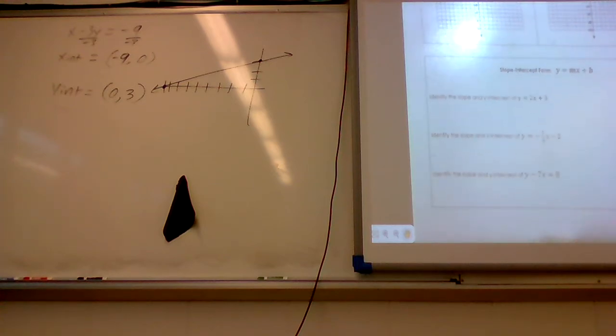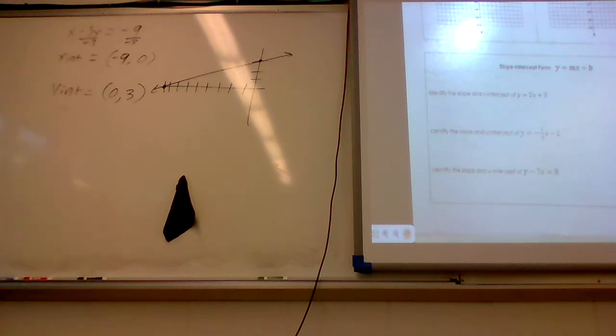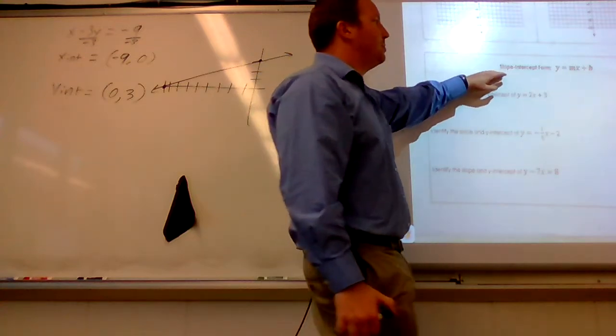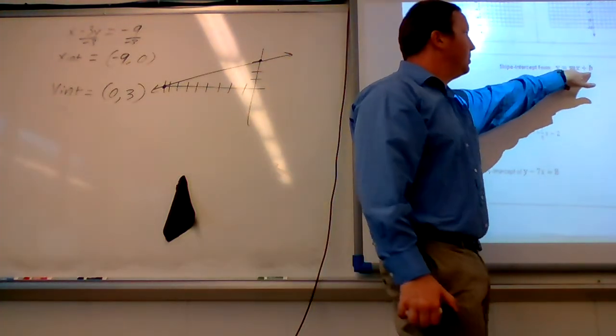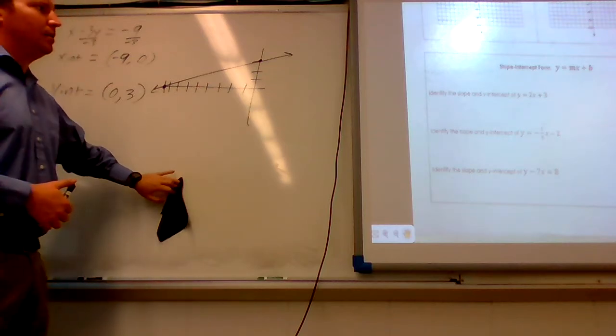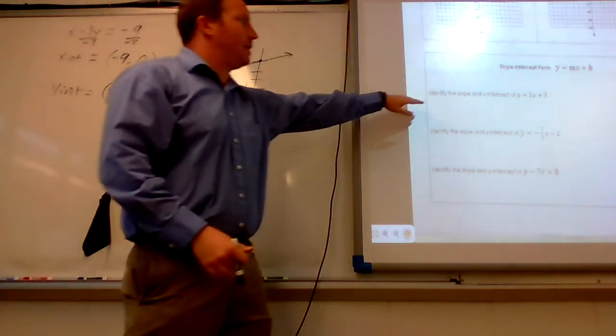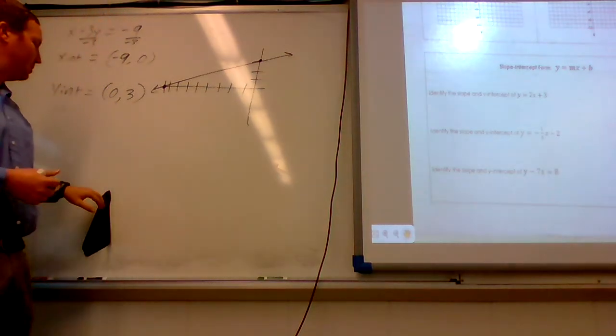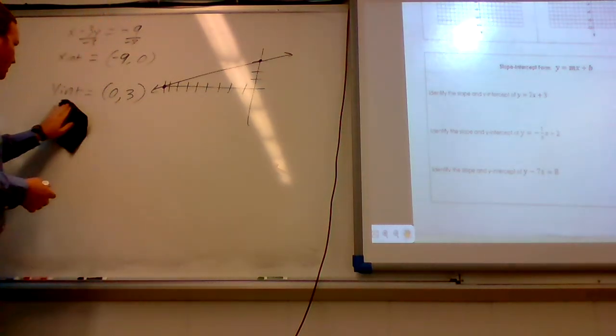And again, slope-intercept form, identify the slope and the y-intercept. Our slope-intercept form is y equals mx plus b, m being the slope, b being the y-intercept. So again, first thing, it says identify the slope and the y-intercept of y equals 2x plus 3. So what is our slope going to be for that one?